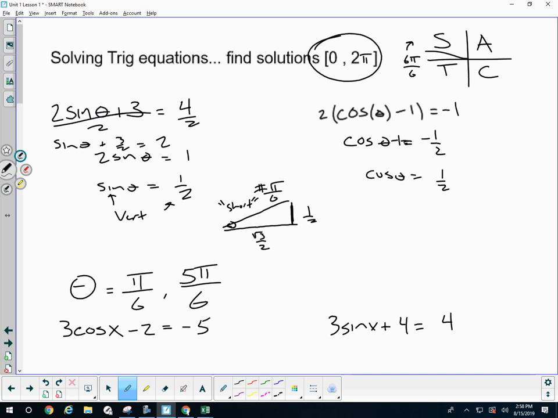This is what I think about. My horizontal side length is 1/2. I'm thinking about an angle, and the horizontal length to that angle is 1/2. Okay, well, I know a triangle where the horizontal length is 1/2. It is my taller 30, 60, 90 triangle, where the vertical side length would be √3/2.